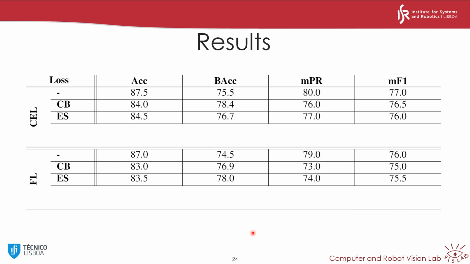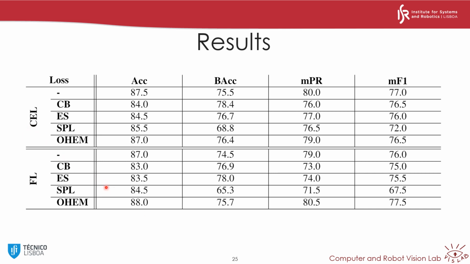This is expected as both of these methods try to improve the performance of the network on the less represented classes. However, something that we also noted in our experiments is that these approaches also create a bias towards the more represented classes by significantly reducing the performance of the network on this type of lesions.